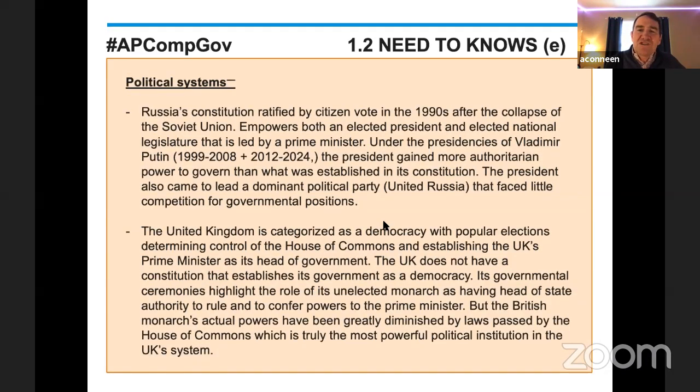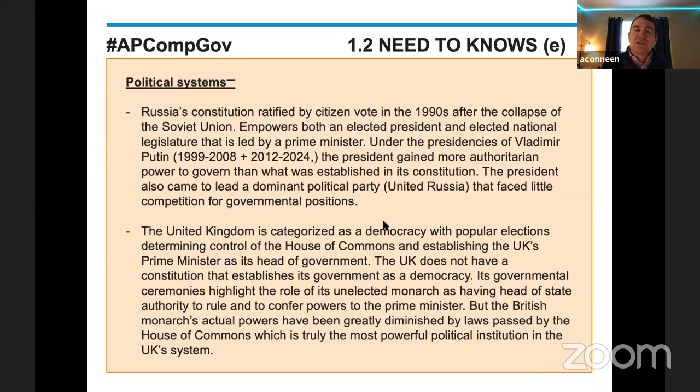When we look at Russia, Russia has had a constitution ever since the breakup of the Soviet Union in the early 1990s. And that's when Russia came to be. We know that initially Russia had democratic elections where there was some competition, particularly for the legislative seats, but particularly under the presidencies, and I use presidencies because Vladimir Putin has been president for 2 different sets of terms, starting in 1999.